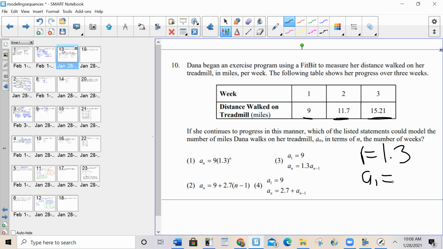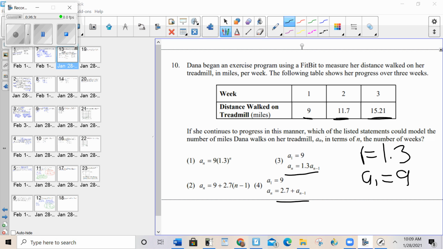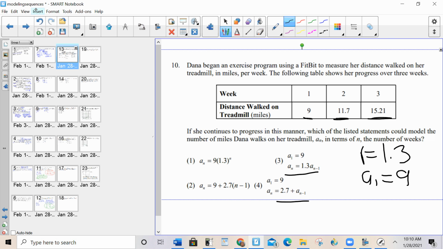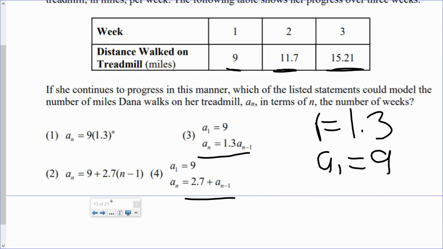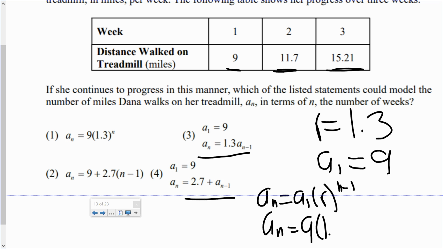So a1 is 9. The common ratio is 1.3. Now, some of the answers are recursive, and some of them are explicit. So what we're going to do is kind of do it both ways and then see which one's there. All right, so let's start with explicit because it is geometric. a_n equals a1 times r to the n minus 1. a1 is 9, r is 1.3 to the n minus 1.